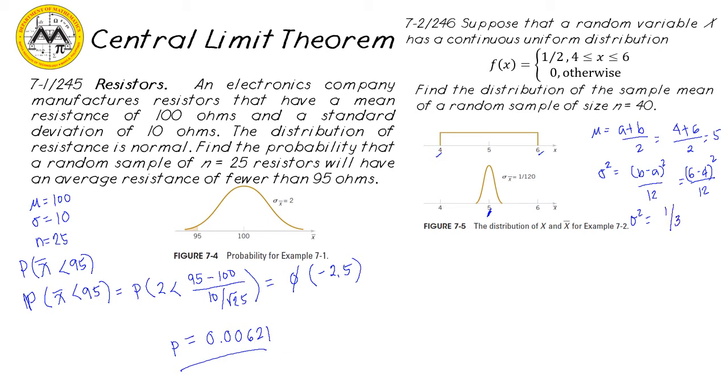If we have a normal distribution with sample size n equal to 40, the mean is still 5, but the variance is 1 over 3 divided by 40, so 1 over 120. So the distribution of the sample mean has mean 5 and variance 1 over 120.